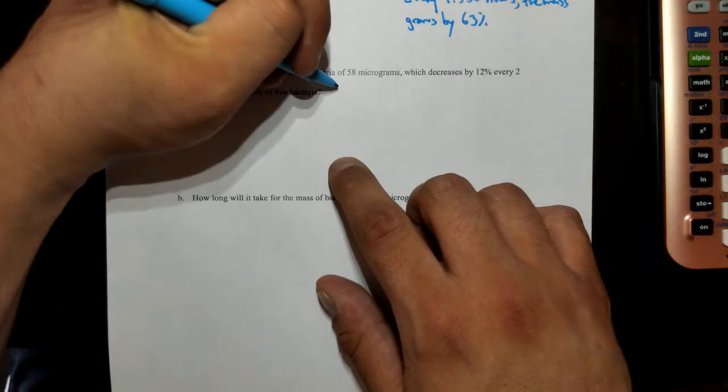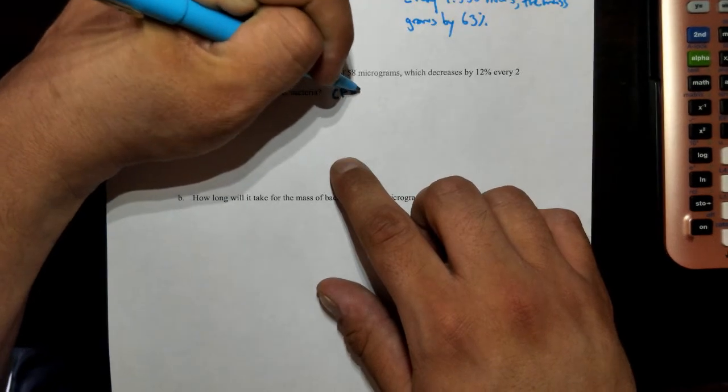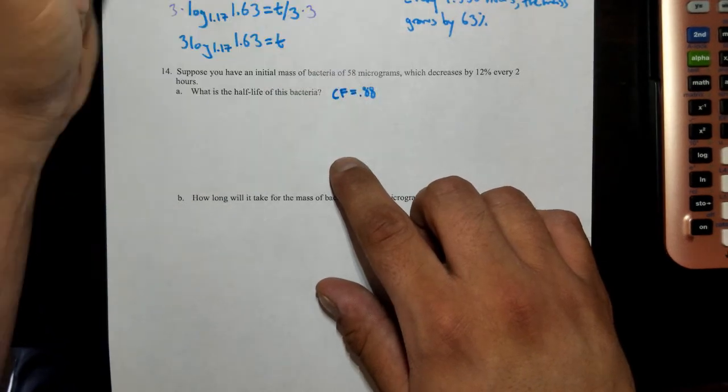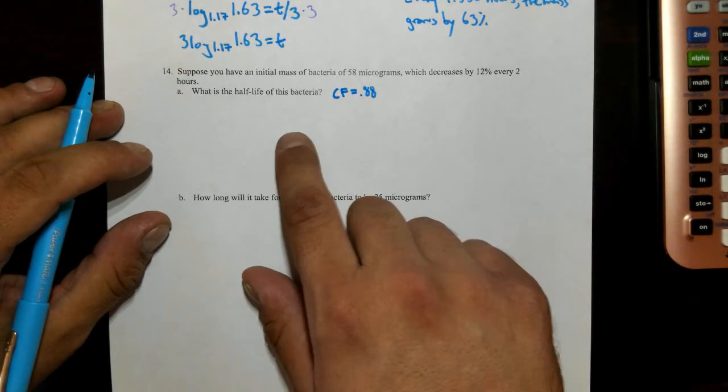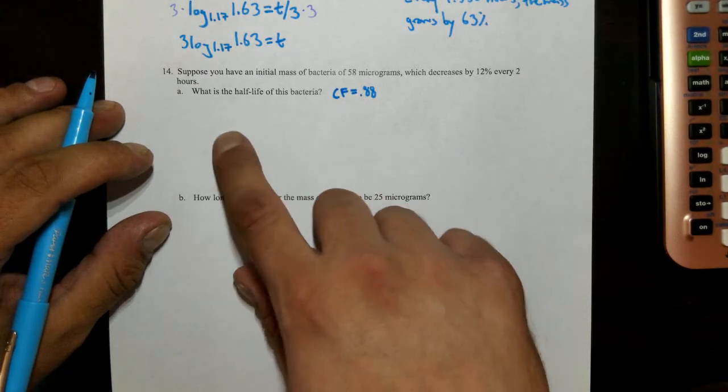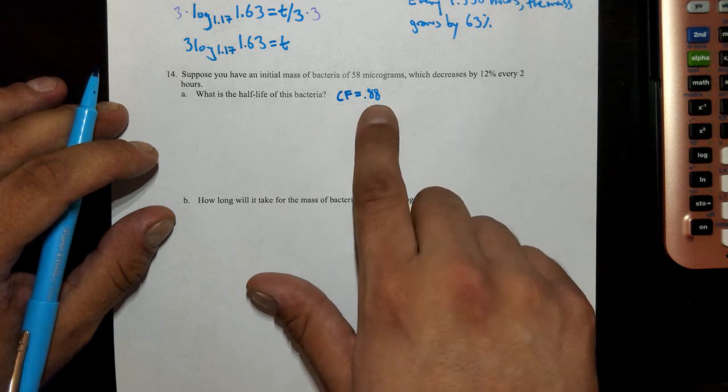So our change factor is going to be 0.88, and it's every 2 years, so we're going to have to divide our t by 2 here. This would be our 2-year change factor.